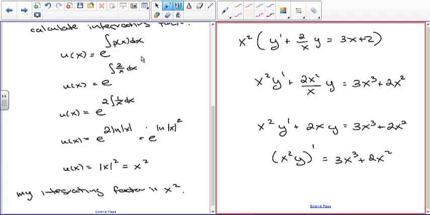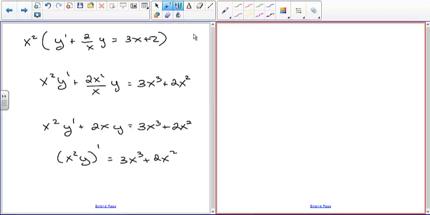So let me just prove that that's true, and we'll go back the other direction. If I said, what's the derivative with respect to x of x squared times y? What you do is you take the first term times the derivative of the second. You'd be using implicit differentiation, so the derivative of y would be 1, but you multiply by y prime.